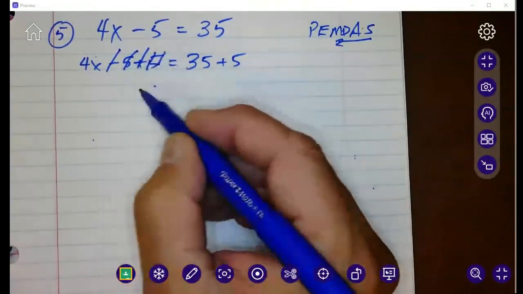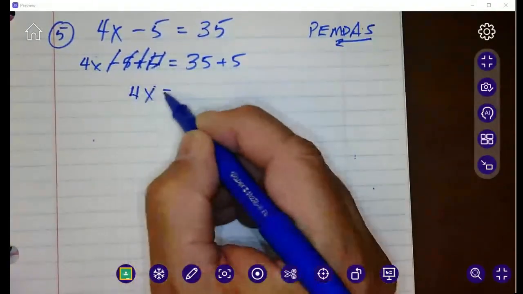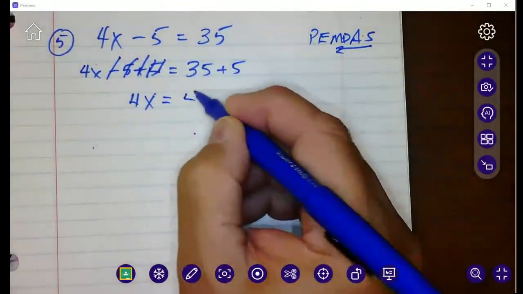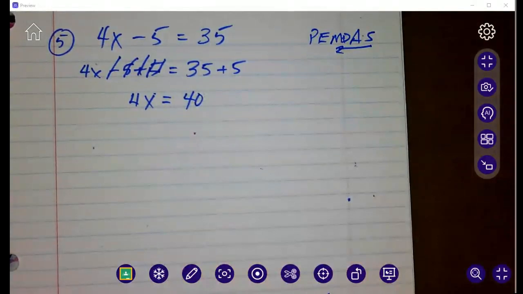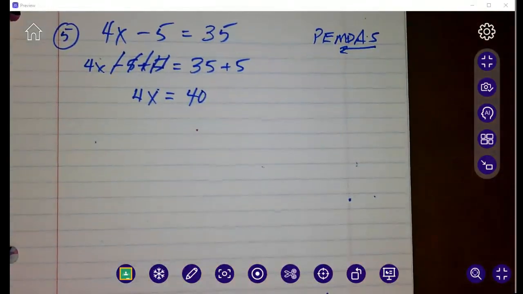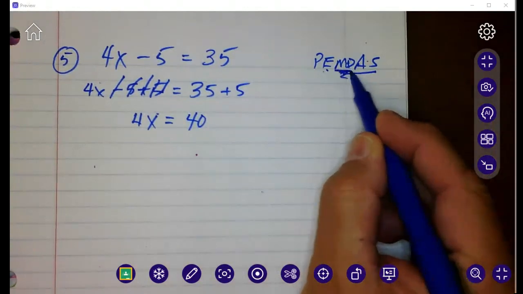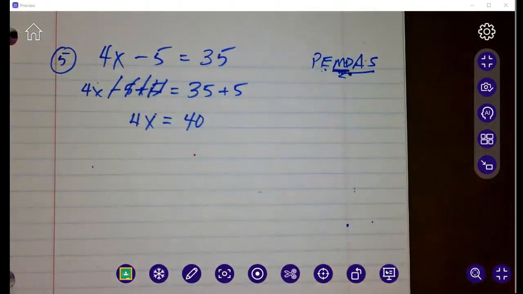That becomes 0, and we're left with 4x. On this side, 35 plus 5 becomes 40. So we're now a step closer to getting x by itself. We got rid of the minus 5. Now we got to get rid of the 4. Now we can do the multiplication or division part of it and get rid of it.